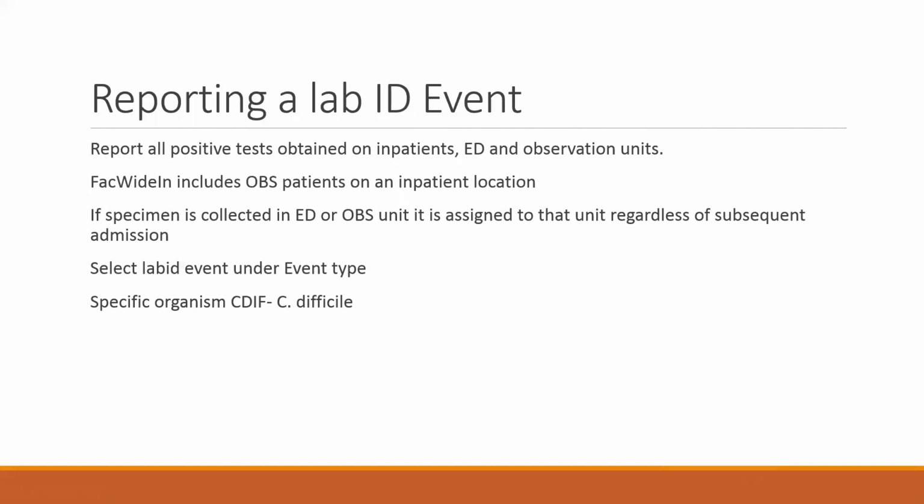So if they're in a bed on your med-surg area and they have a positive C. diff test, you report that. The system then looks at your admission date and the date of the test that is obtained, and it determines whether it's facility acquired or community acquired based on those two dates.